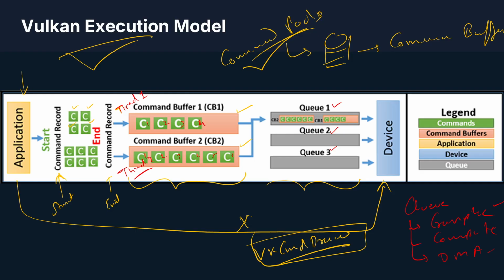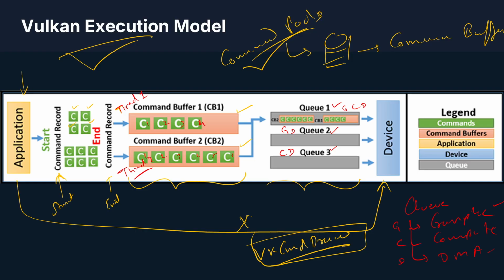All right, so you have various types of queues. I will call them G, C and D. Maybe this queue is very specialized and is capable of doing G, C and D. However, this queue is capable of only doing G and D. This compute queue is only capable of doing C and D, compute and DMA.